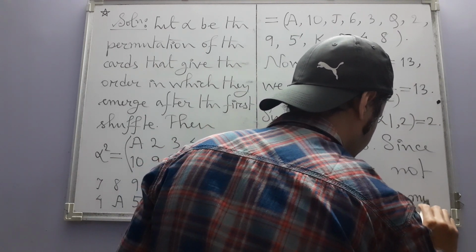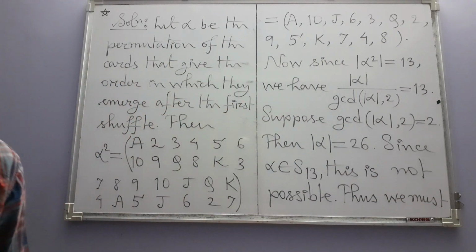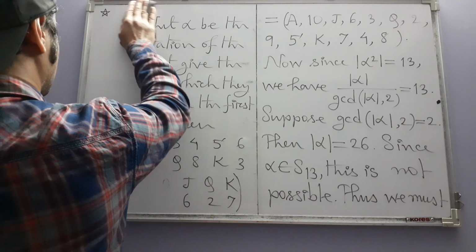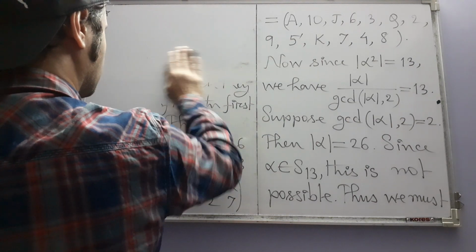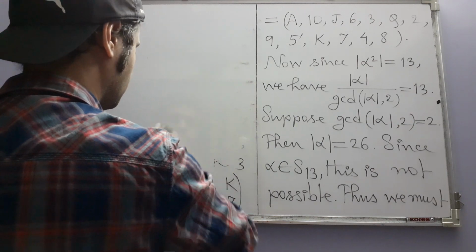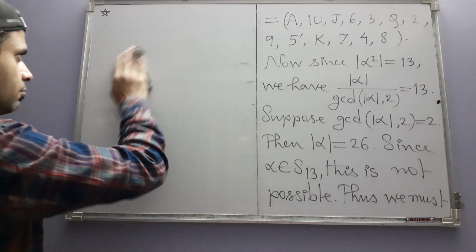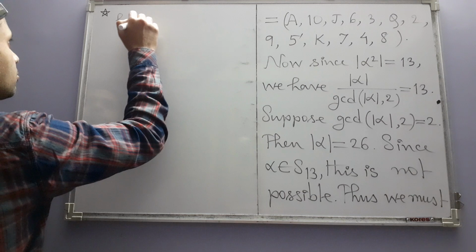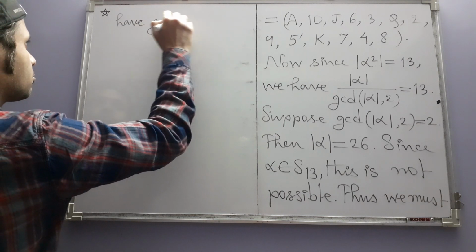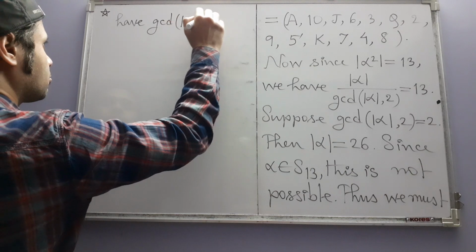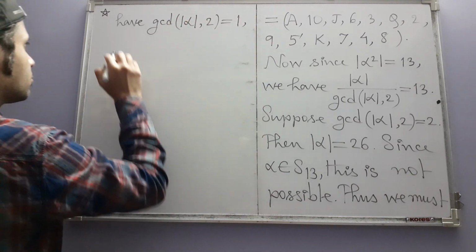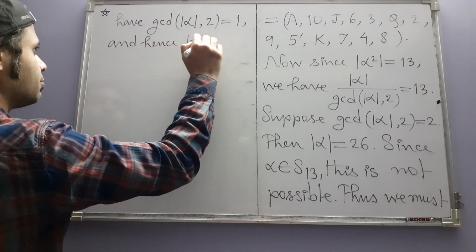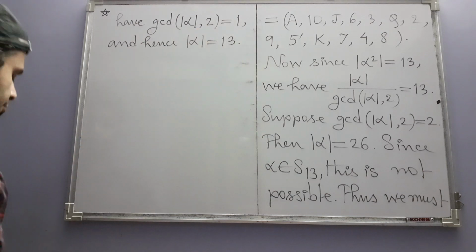we must have, and hence the order of alpha has to be 13 itself.